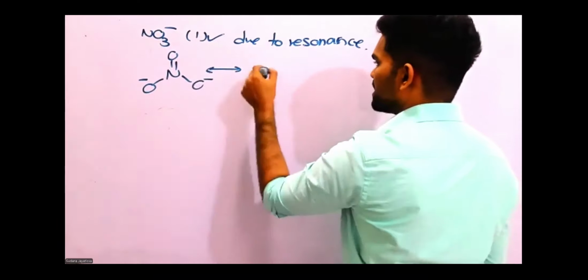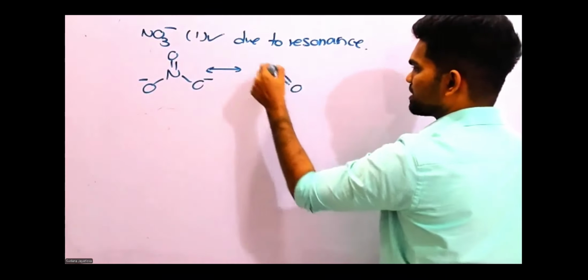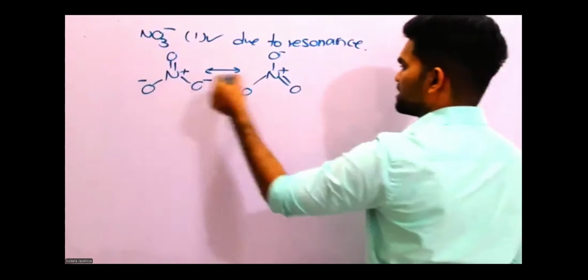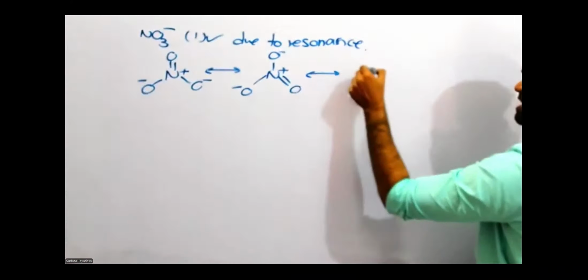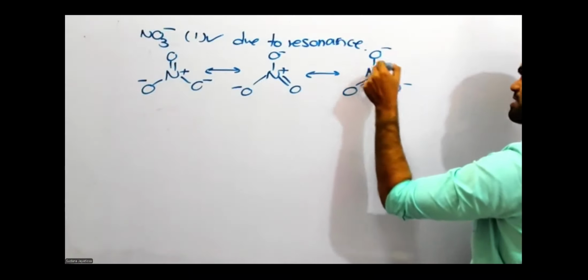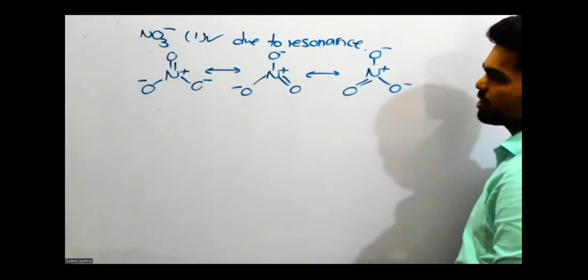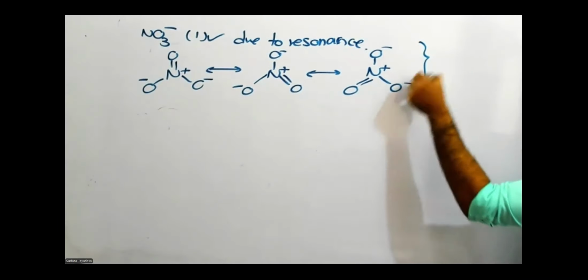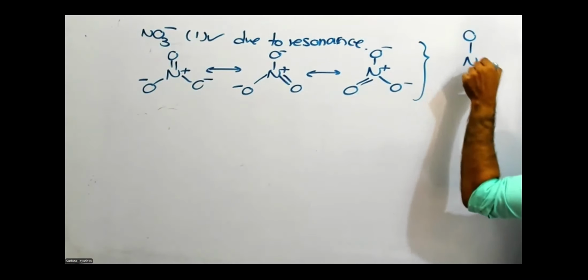NO3 minus is a resonance hybrid of these 3 Lewis structures, or we say resonance structures. In the real NO3 minus, the NO bond lengths will be equal.